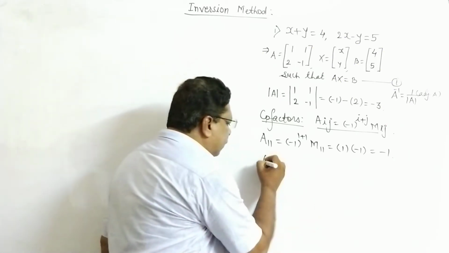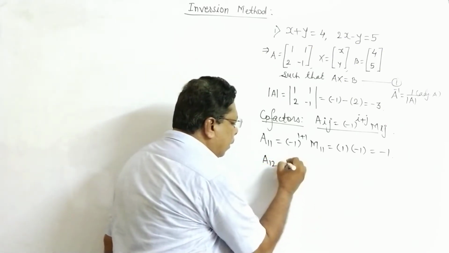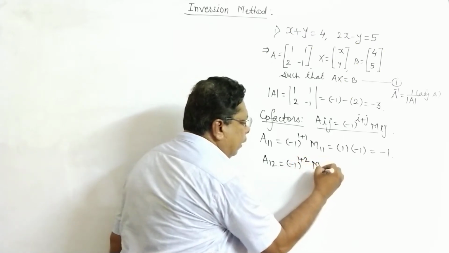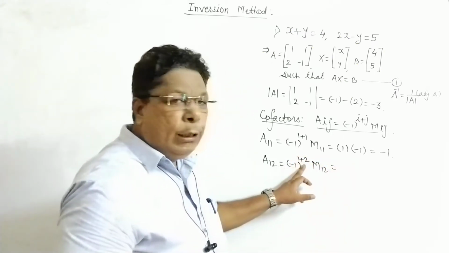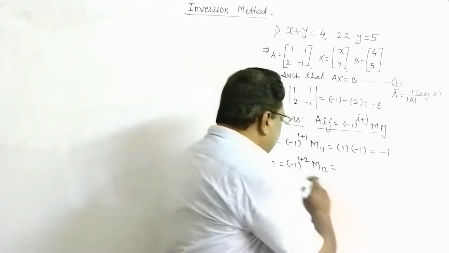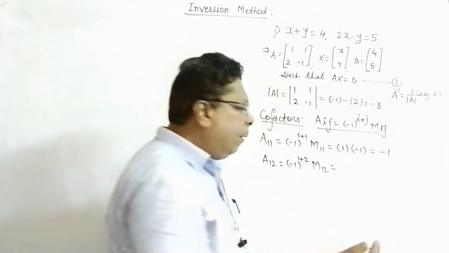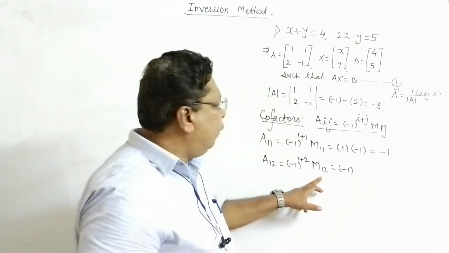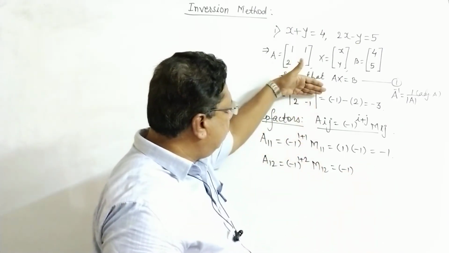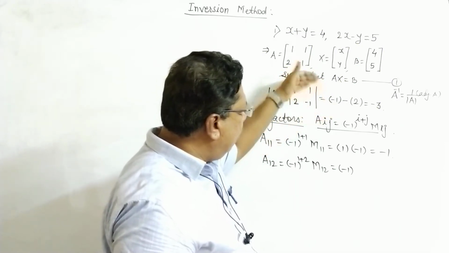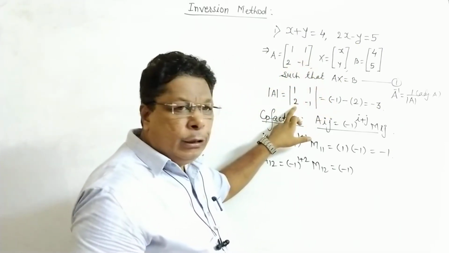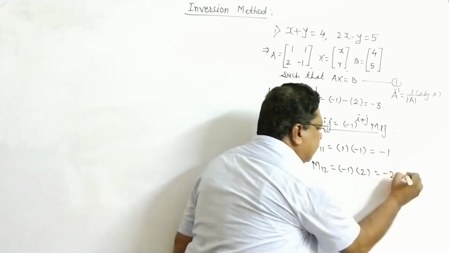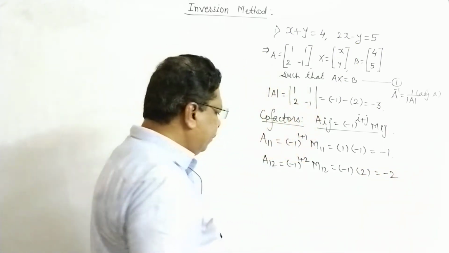Now next cofactor A12. Minus 1 raised to 1 plus 2, M12. Minus 1 raised to 3. 3 is an odd number. Minus 1 raised to an odd number is always minus 1. M12, minor of A12, first row second column removed. The minor of A12 is 2. Minus 1 into 2 is minus 2.